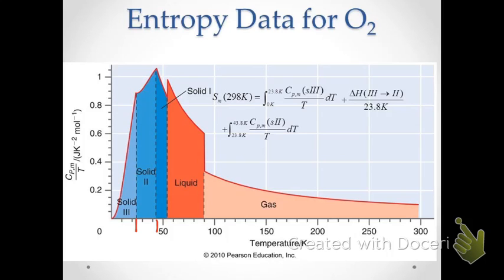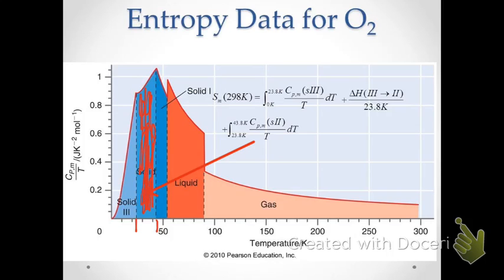And again, we're integrating Cp over T dT over this temperature range. So once again, we'll note that's the area under the curve between those 2 temperatures. So again, the area under the curve of the Cp versus T is what we would determine in this integration.